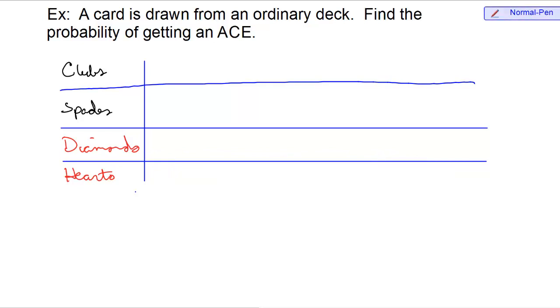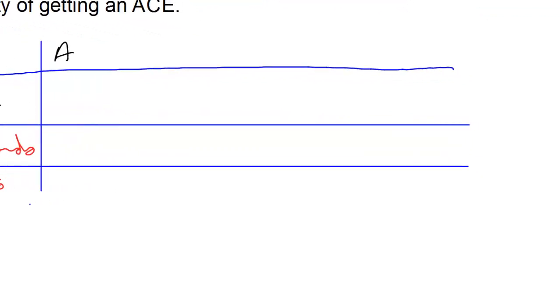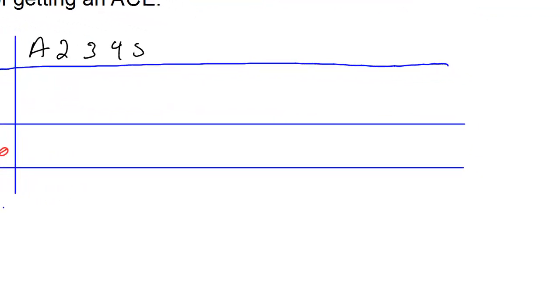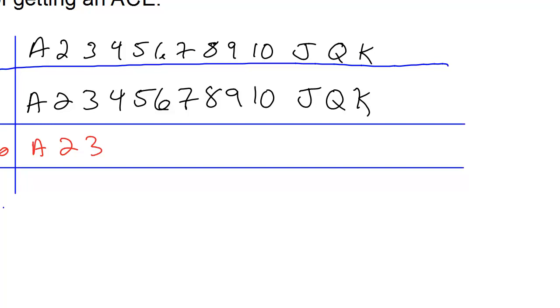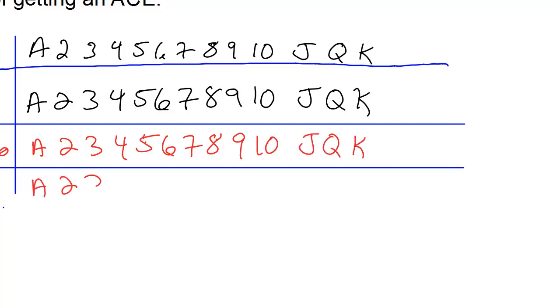So, of the clubs, we have an ace, 2, 3, 4, 5, 6, 7, 8, 9, 10, Jack, Queen, and King. Of the spades, we have the same thing. And of the diamonds, the same, and of the hearts also.